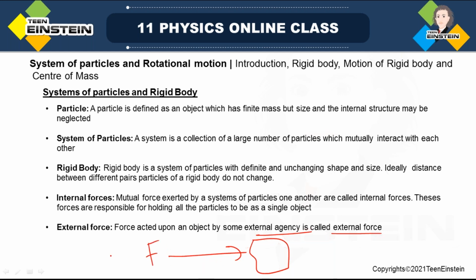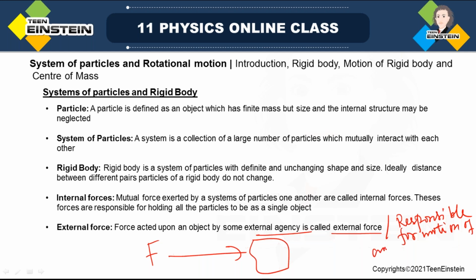Whatever force is exerted by any external agency, like our hand or something else, that force is called external force, and external force is responsible for the motion of the rigid body.